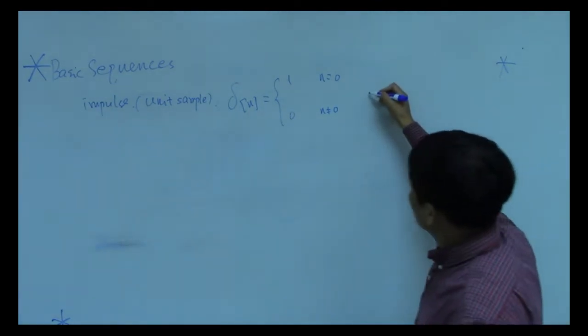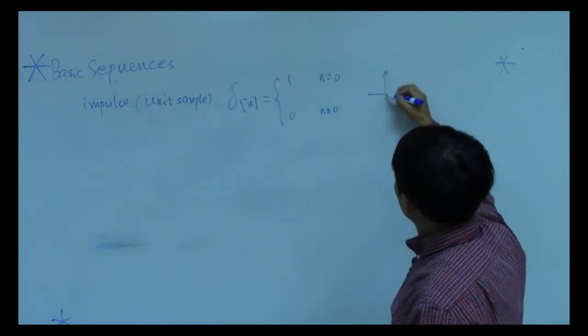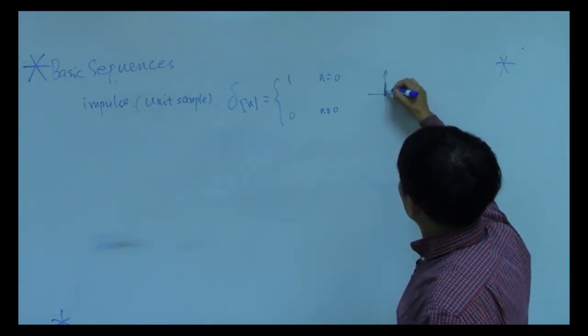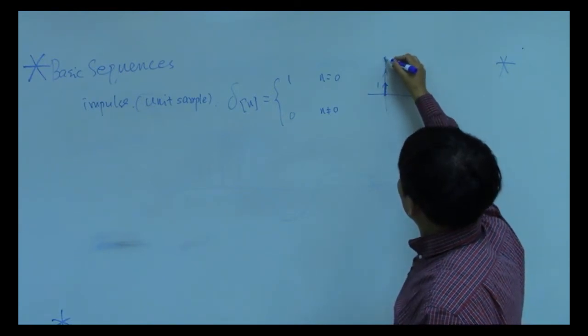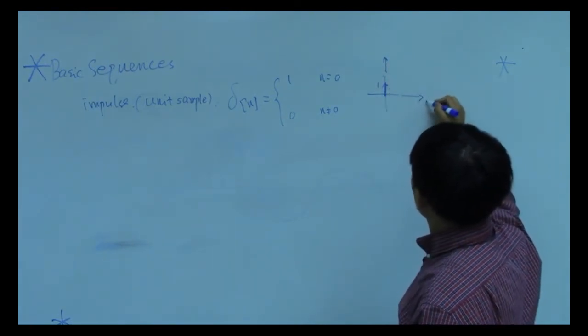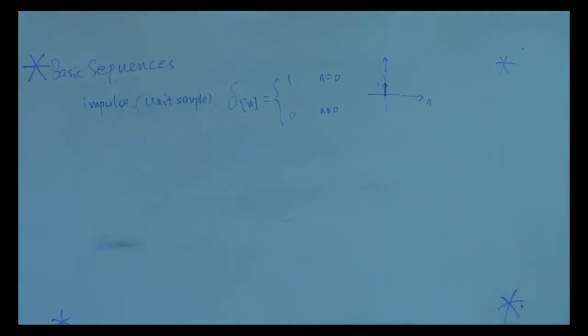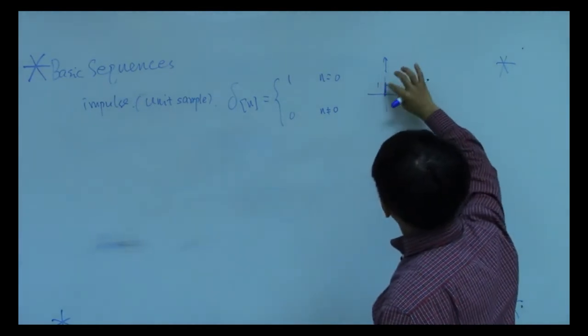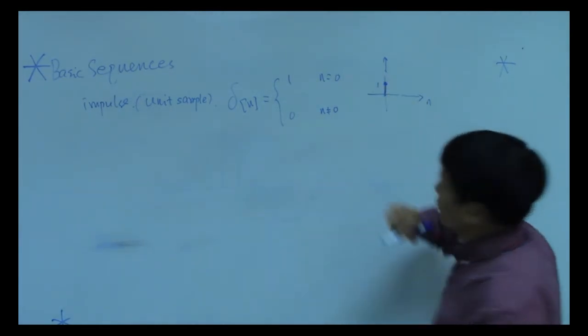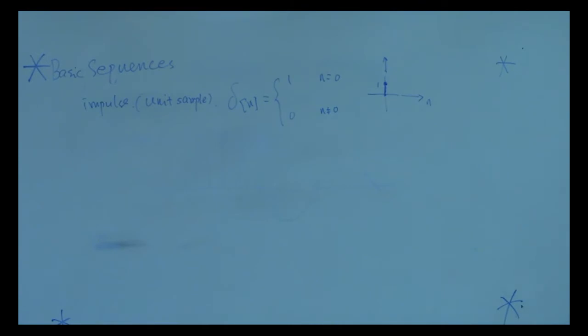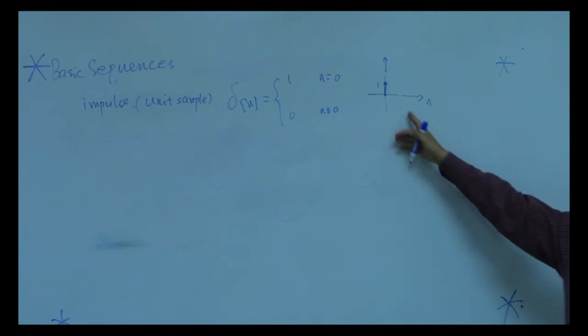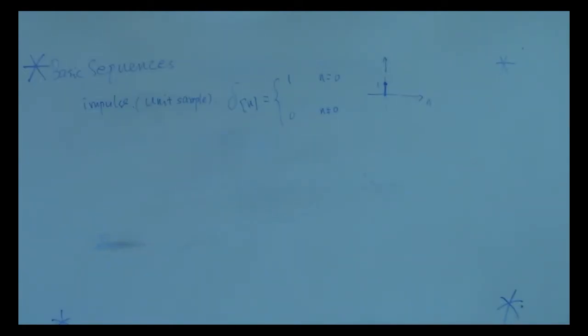If we plot this, this is 0, this is 1 here, this is the amplitude, and this is the time index n. We draw a circle here, which means this is 1. Compared to continuous time, where the amplitude equals infinity but the integration around 0 equals 1, here it directly just equals 1. It is not infinity anymore.